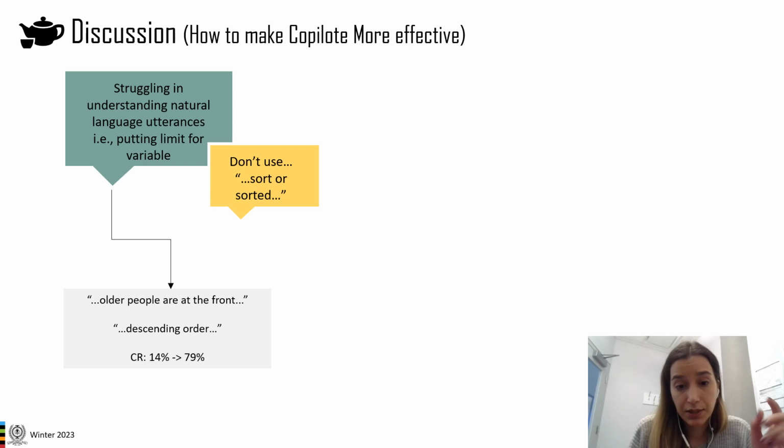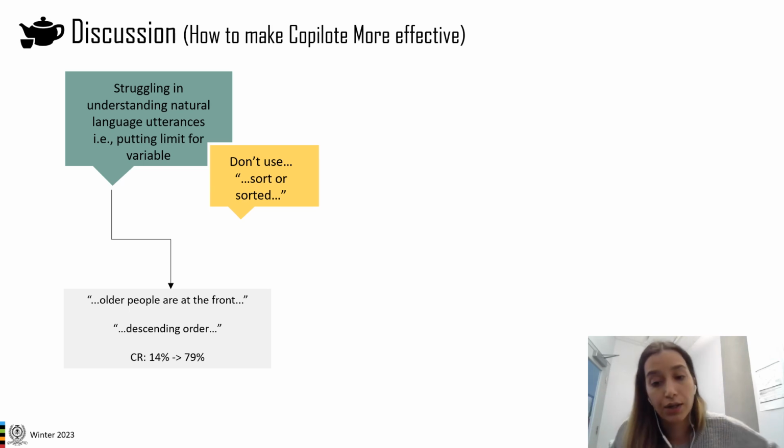The other thing is you cannot tell Copilot, for example, not to use something. You can tell it what to do, but you cannot tell it what not to do. In one of our assignments, students were asked not to use sort and sorted, which are two built-in functions in Python.